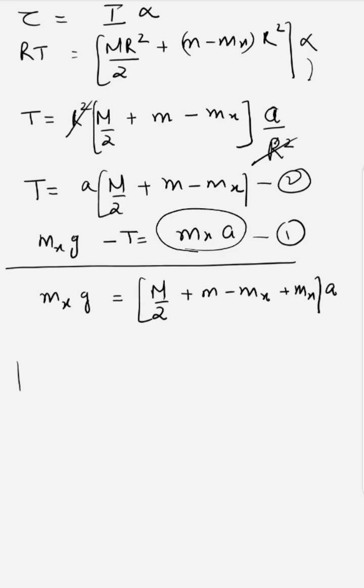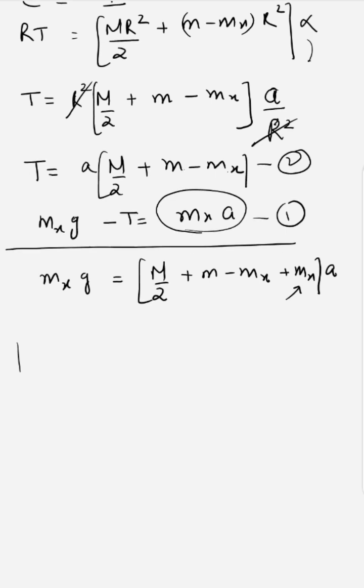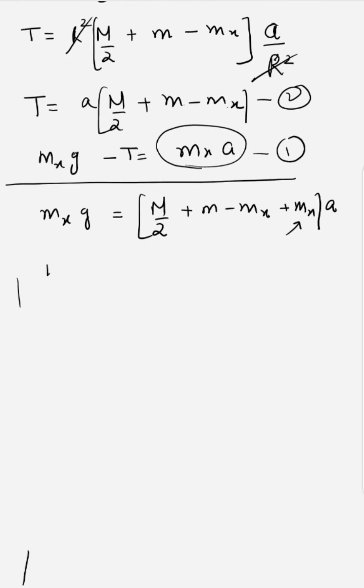The right hand side has only one term, and the left hand side has three terms. So now we have mxg divided by (m by 2 plus m), this can be cancelled, is equal to a, that is the linear acceleration. And since they are asking us angular acceleration, we'll find it.